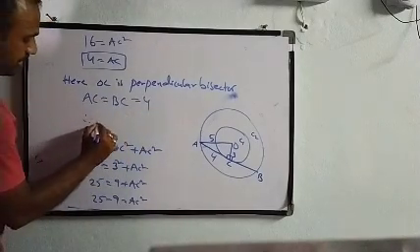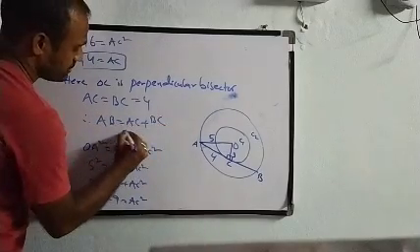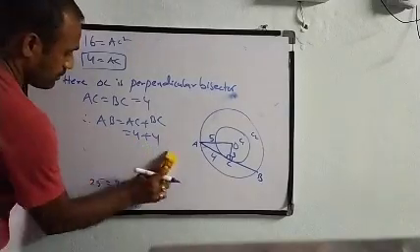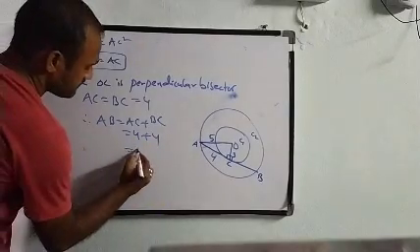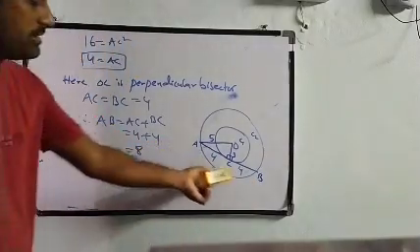So therefore AB is AC plus BC, which is 4 plus 4, which is 8 centimeters. So therefore the length of the chord is 8 centimeters.